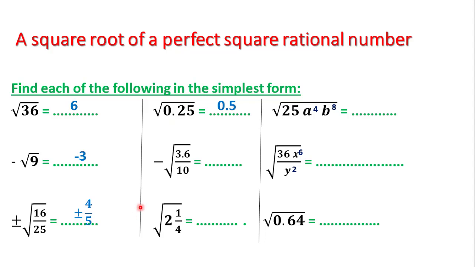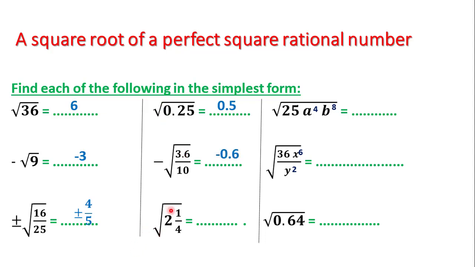The next one, don't forget to put the negative sign, negative root of 3.6 over 10. 3.6 over 10 is the same as 36 over 100. Root 100 is 10. Root 36 is 6. So negative 6 over 10, or negative 0.6, or negative 3 over 5. The same.